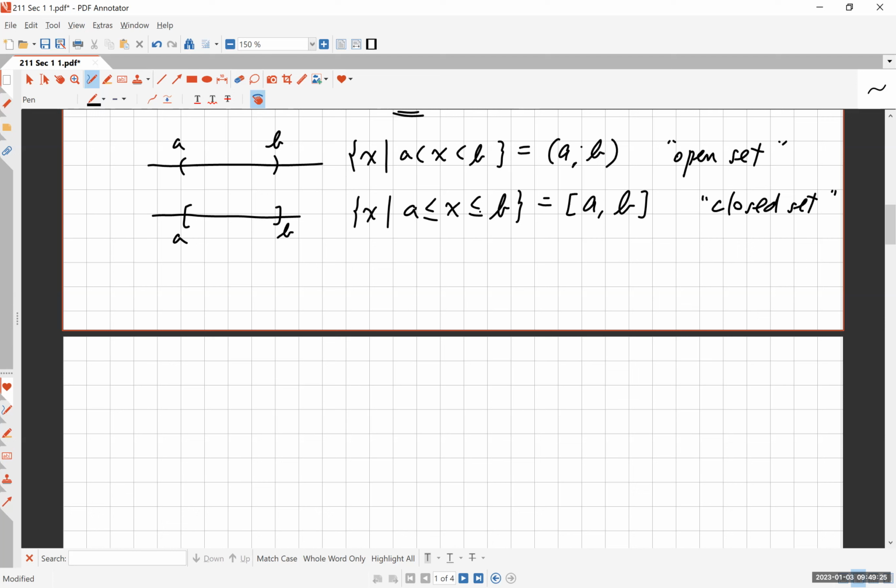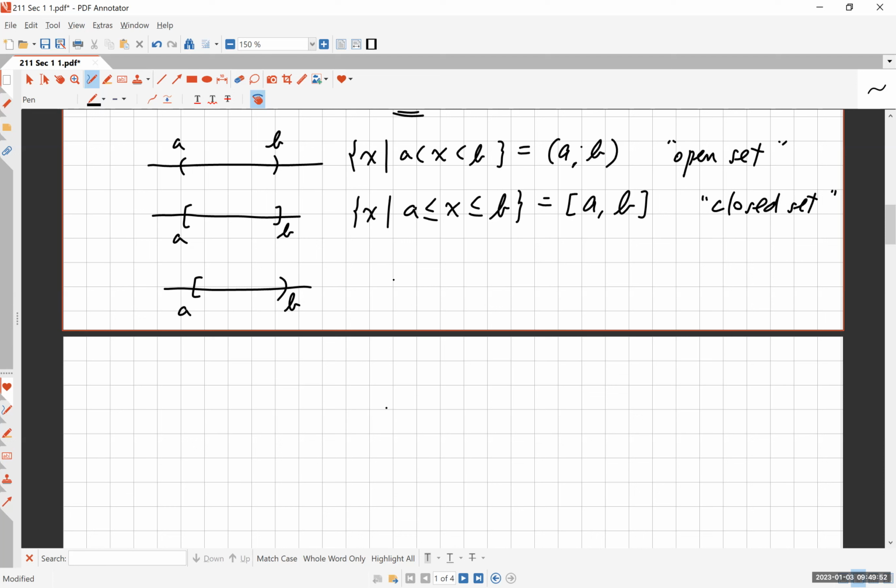But it turns out the words open and closed are extremely important and technical in the mathematical field called topology. So these are very highly sophisticated words. Even though words like open and closed seem simple, just remember that there is something much deeper than this. All right, now you could also have half open and half closed, for instance, something like this.